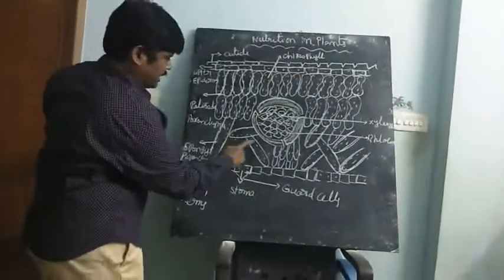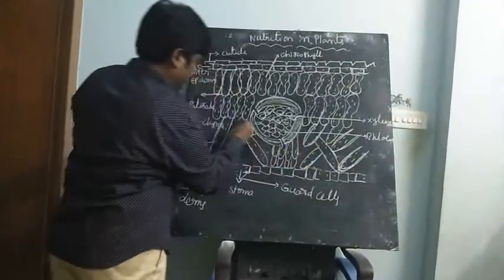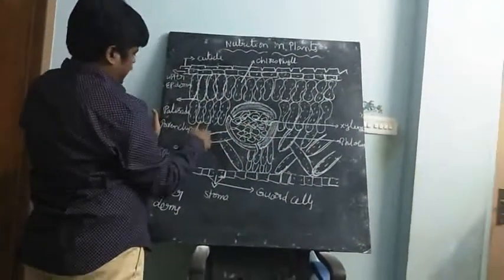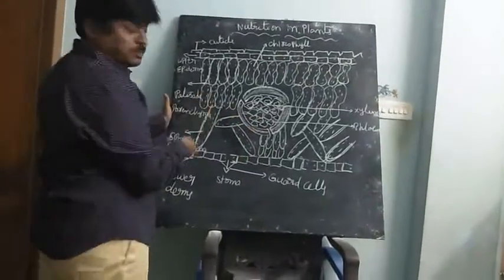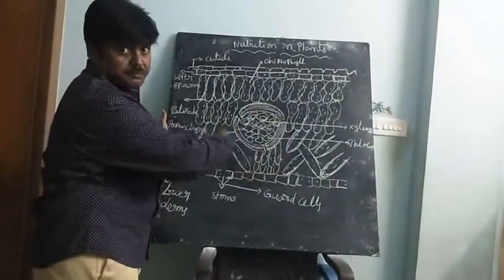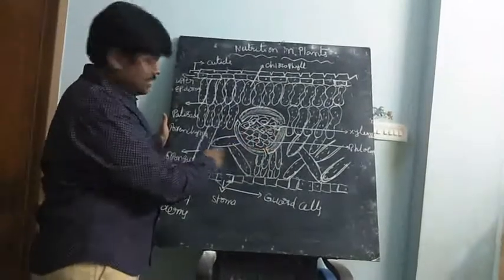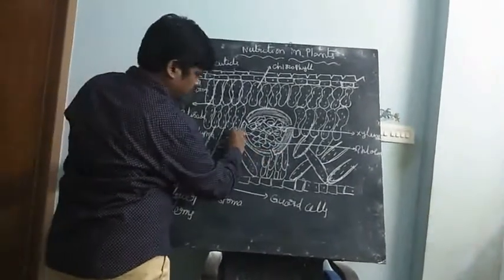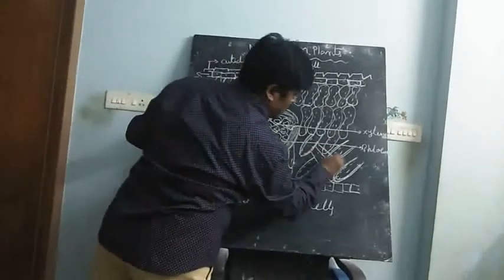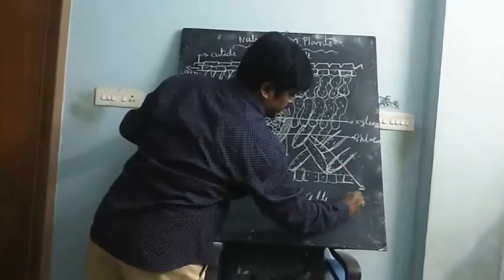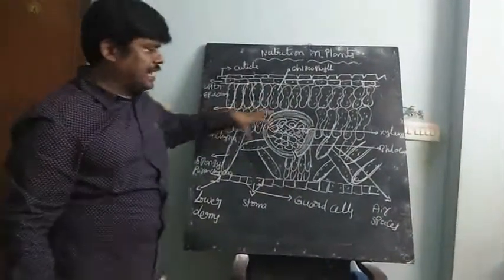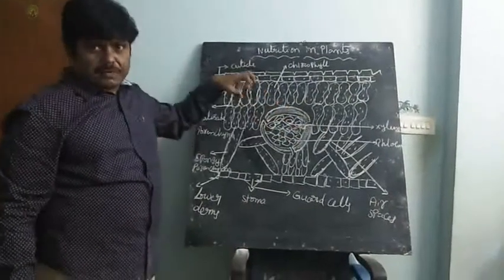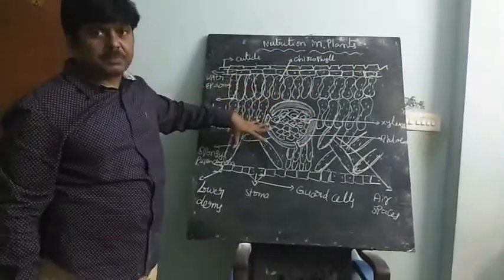Clear? And here some spaces are there among the palisade parenchyma and spongy parenchyma, especially the spongy parenchyma. These spaces are called air spaces. Okay, air spaces, because air is present in these sac-like spaces.